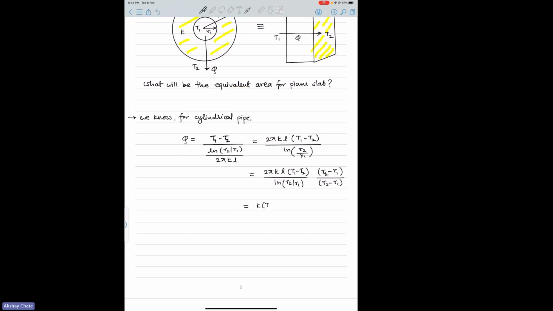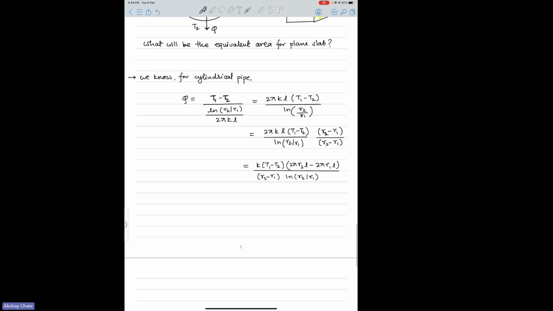T1 minus T2, and this bracket will be 2 pi R2 L minus 2 pi R1 L. And you'll have R2 minus R1 here and ln R2 by R1. So 2 pi R2 L is nothing but the outer area.